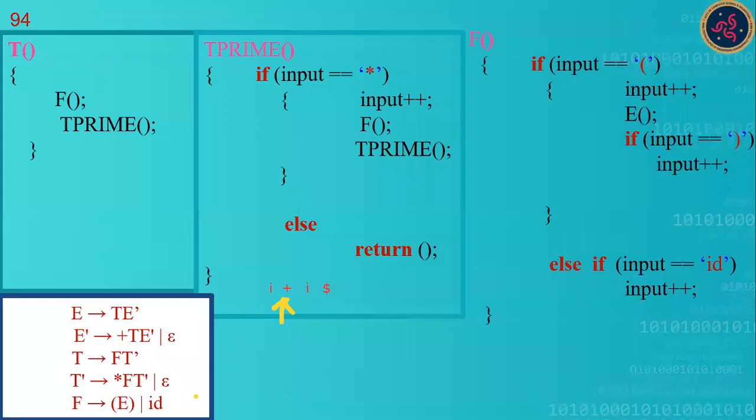So my pointer is pointing to the plus symbol and my function is calling T prime and we'll check whether it is a star symbol. So it is not a star symbol. So here these statements won't be executed. It will go to the else part. It will return to the place where it is called, that is to the T function. So who has called T? T was called by the function E.